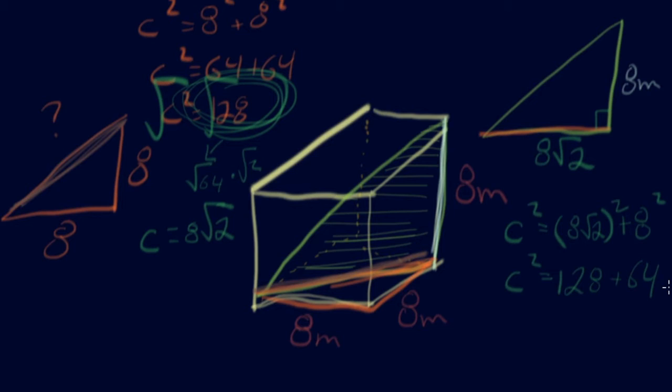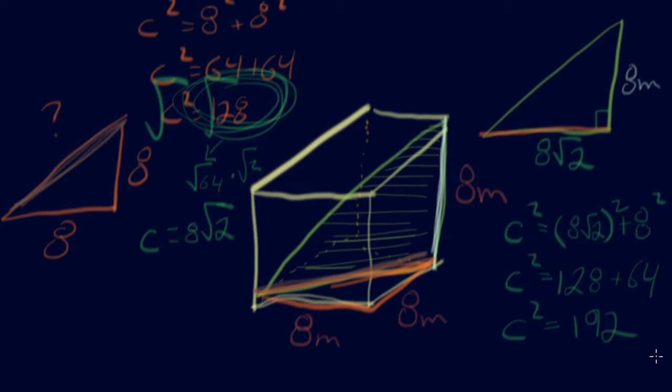So when you add both of those together, you get 192. So c squared is equal to 192. But are you finished yet? You are not finished. You've got to think, could I simplify this? Can I think of a couple of numbers where this would work out?